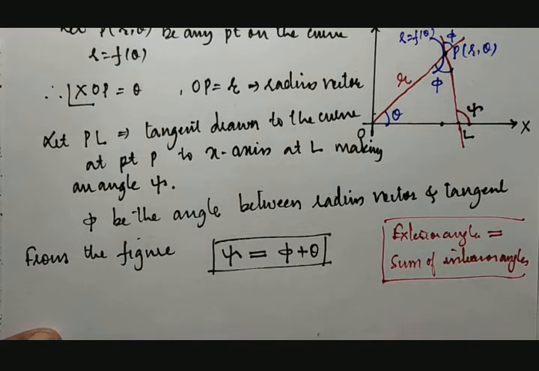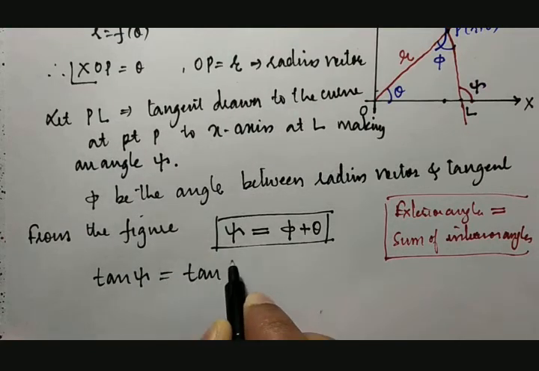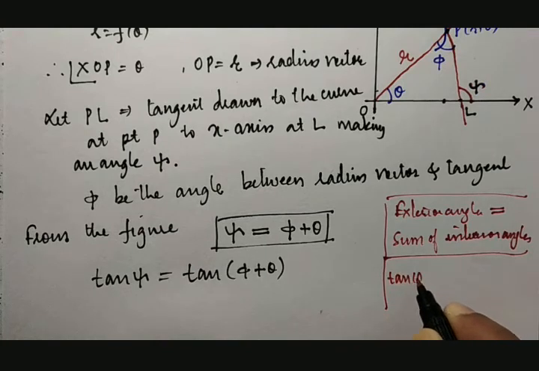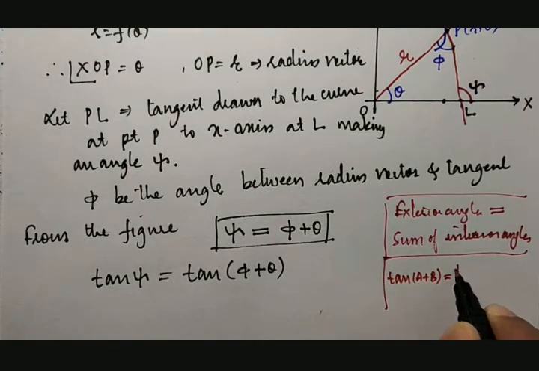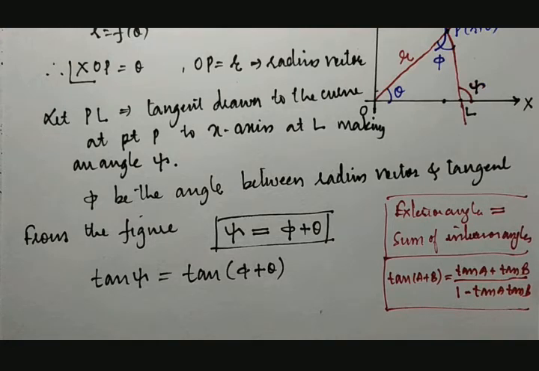Clear? Now let us apply tangent on both sides. Then it becomes tan psi is equal to tan of phi plus theta. Again, we know that tan of a plus b is equal to tan a plus tan b divided by 1 minus tan a tan b. This is one more trigonometric property which we have already discussed.